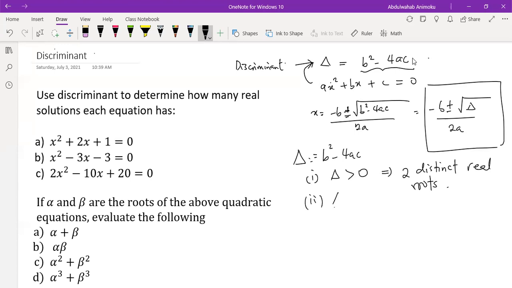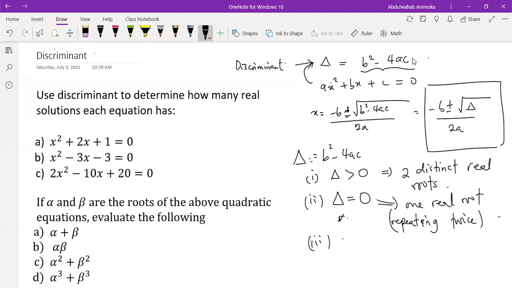When the discriminant is equal to 0, this means I have only one real root, so you have one root that is repeating itself twice.